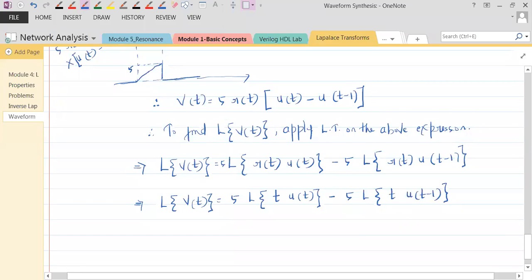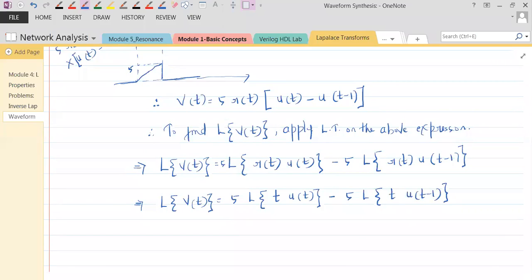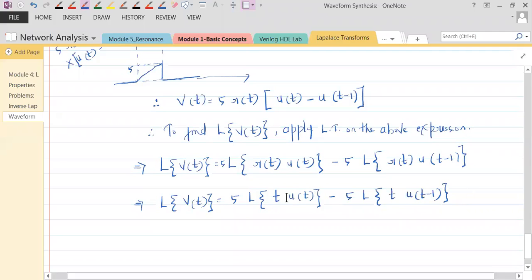Now there is something very important that we have to learn, something that we have not discussed so far. See here, both the functions consist of t. That means both of these signals are functions of t, there is t only. But here is t, but here is t minus 1. So this signal is valid, but this signal is invalid form.